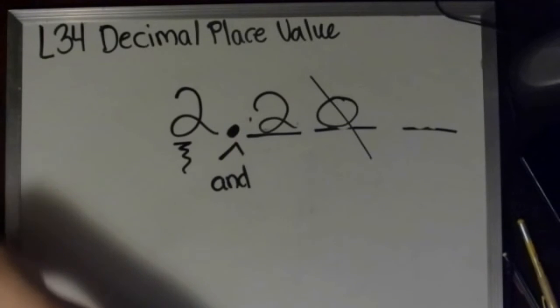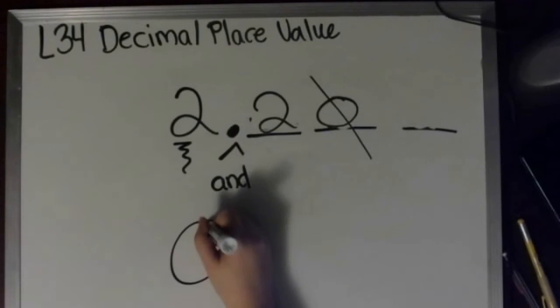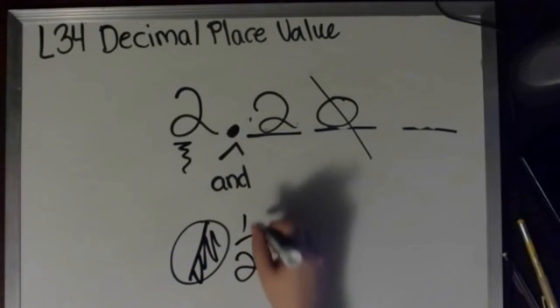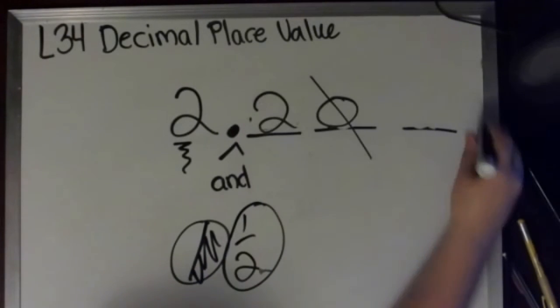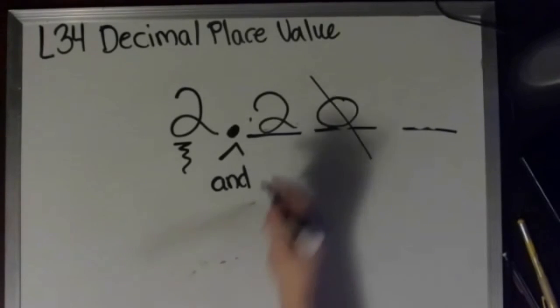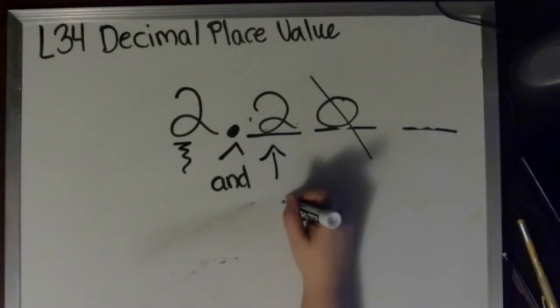Just like in a fraction, when we say this is a whole, and the whole has been split into 2 pieces and we're only looking at 1 piece, this is less than 1. These are all less than 1. This one as tenths is something that's been split into 10 pieces.